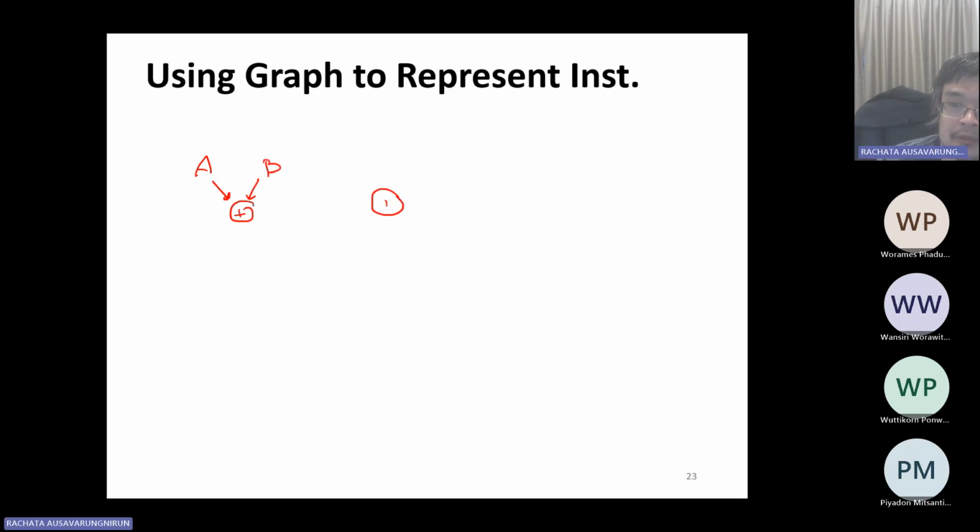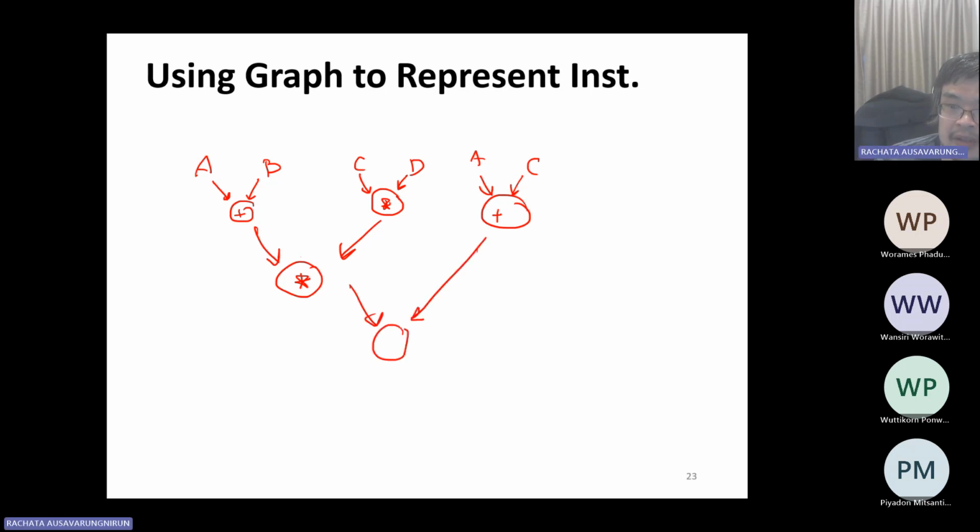Another instruction would do the multiply, C multiplied by D. And then I need to multiply the results of these two, right? And then there's another independent instruction that does an add, A again, same input, and C, right? And then I want to take this output and add them together.